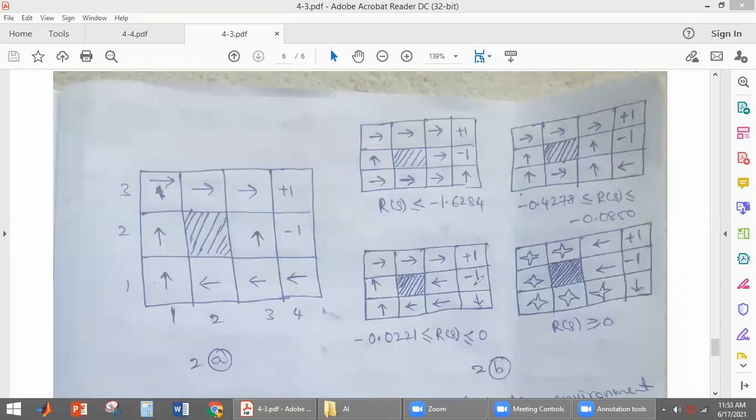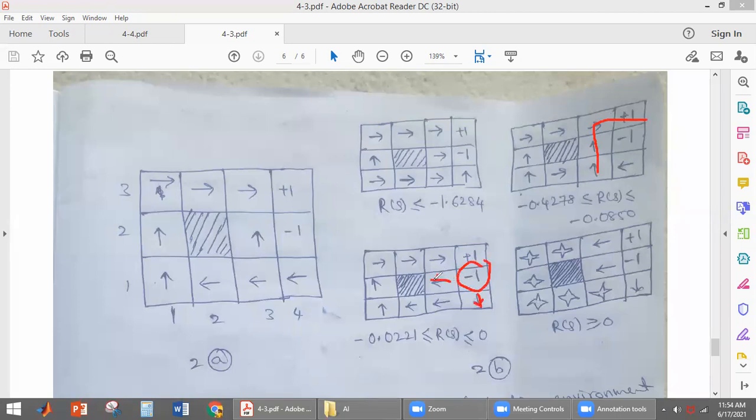The third case is that here there is a risk of falling into -1. Since the agent is taking this road, there is a risk of reaching -1 here. So in the third case, the agent wants to avoid the risk of reaching -1. That is why, here you see at the -1, the directions are always away from -1.